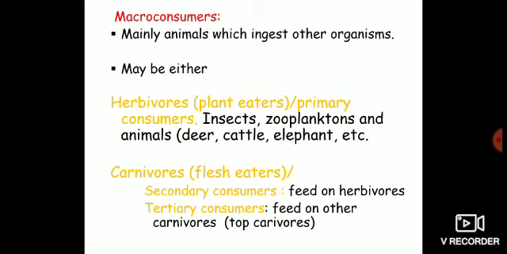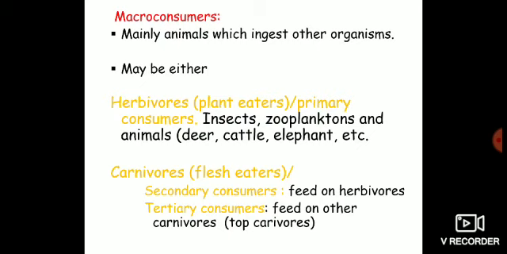Okay, and this includes insects, zooplanktons, and animals like deer, cattle, elephant, etc. And the second category of macro consumers is carnivores. They are also known as flesh eaters, or secondary consumers or tertiary consumers. That means carnivores can in turn be divided into secondary consumers and tertiary consumers.